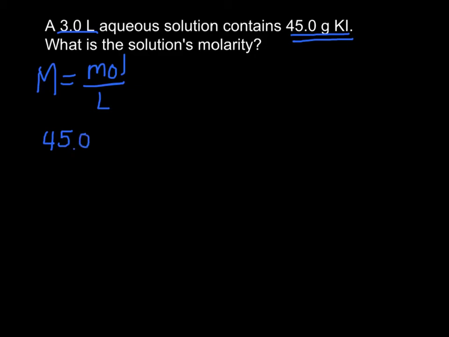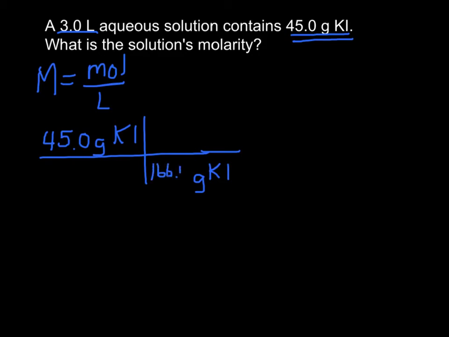45 grams of KI. We need to cancel the grams, so where do they go? On the bottom. Where do we get the number for this? Look it up, periodic table. Add up a potassium and an iodine.